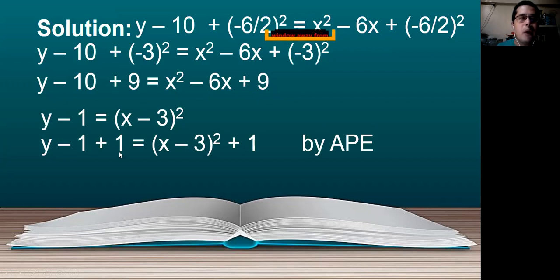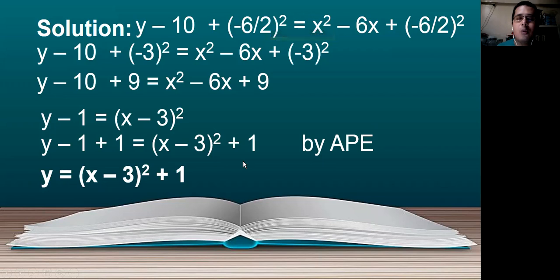Negative 1 and positive 1 is 0, so this is cancelled out, and then plus 1 on the other side. So your equation now will be y equals the quantity x minus 3 squared plus 1.